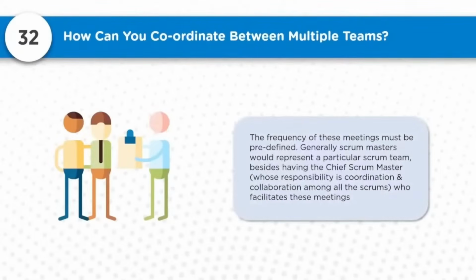The frequency of these meetings must be predefined, well articulated and well defined. Generally, a Scrum Master would represent the particular Scrum team. On behalf of that team, they would go and represent in the meeting. Besides this, there is a Chief Scrum Master, whose responsibility is coordination and collaboration among all Scrums, who facilitates these meetings.